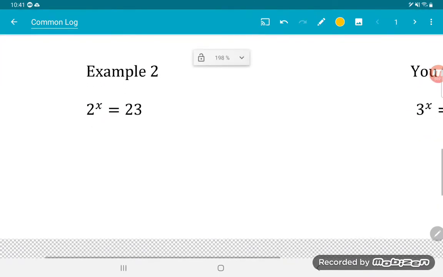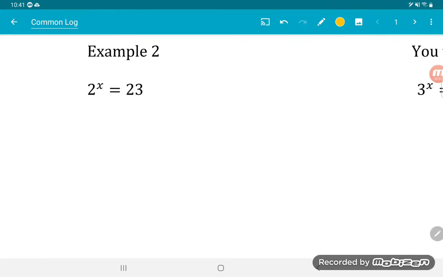In example 2, we have 2 raised to the x equals 23. In this particular equation, I want you to notice that I cannot go to exponential form. There's no number that I can raise 2 to a power to get 23. So 2 raised to something will equal 23.